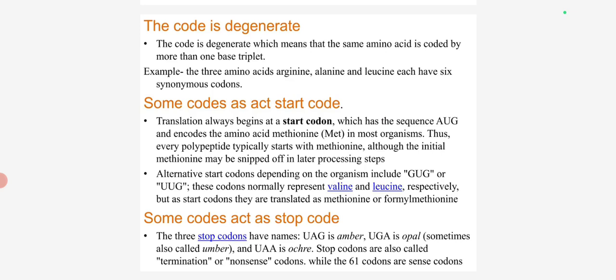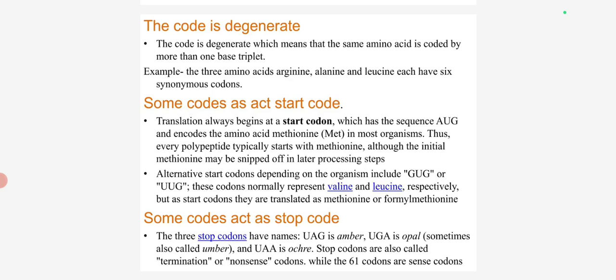Different codons indicate the same amino acid. For example, the three amino acids arginine, alanine and leucine each have 6 synonymous codons. 6 synonymous codons means 6 different codons indicating the same amino acid, for example arginine, as well as alanine and leucine.